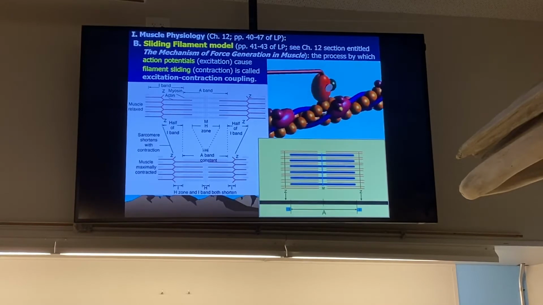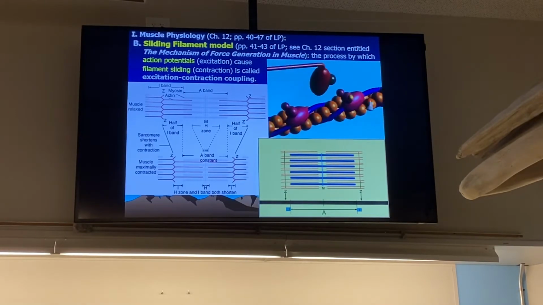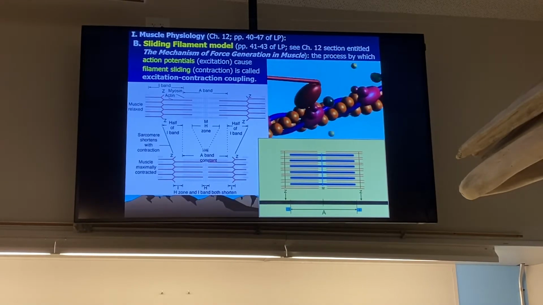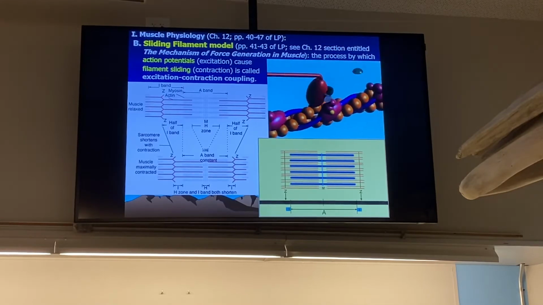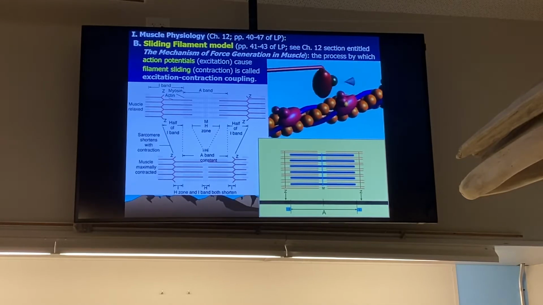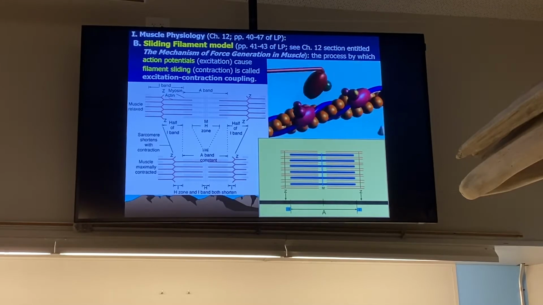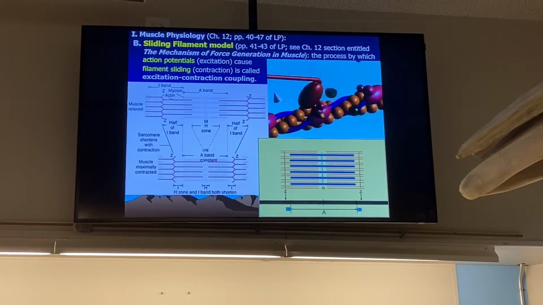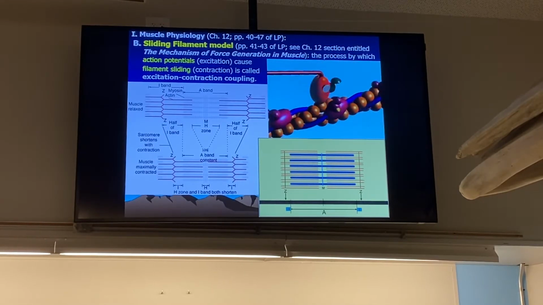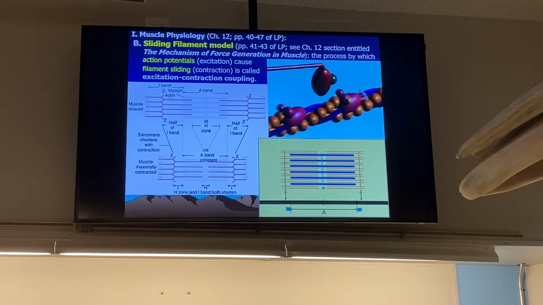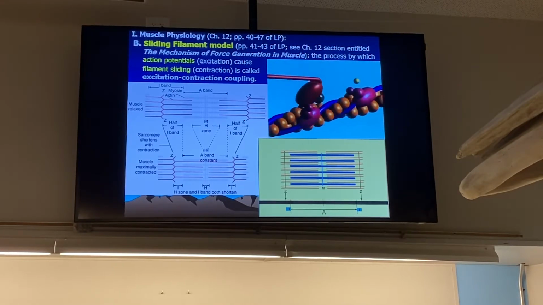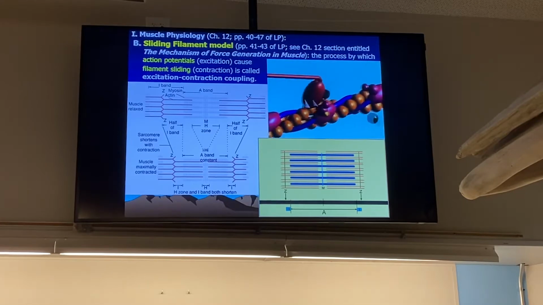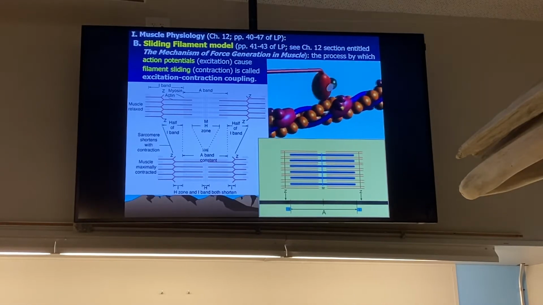But when you have isotonic contraction, notice that the A band, and this is what I want you to get, in the picture on the left, A band does not change. And the reason why is the A band is defined by the length of the thick filaments. Do you see where it's labeled A band? You see how it is the length of the thick filaments, and the length of the thick filaments do not change.